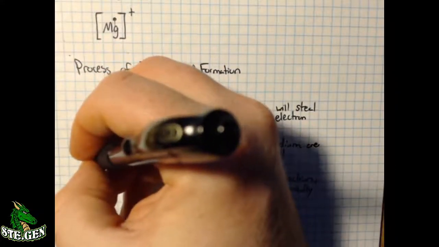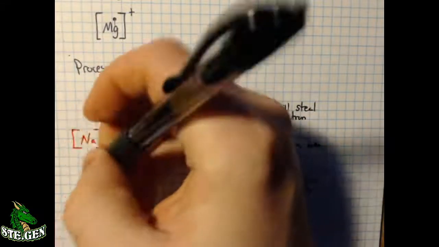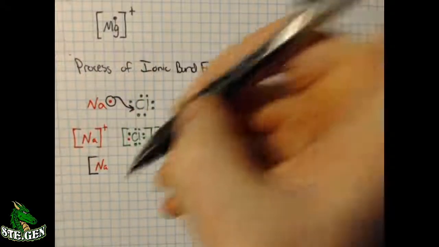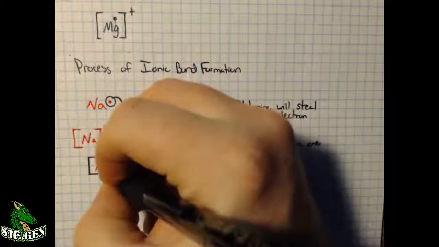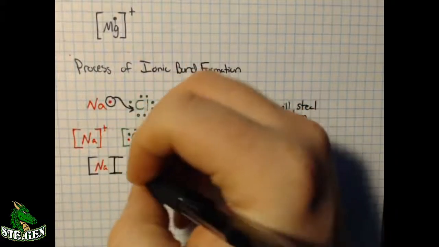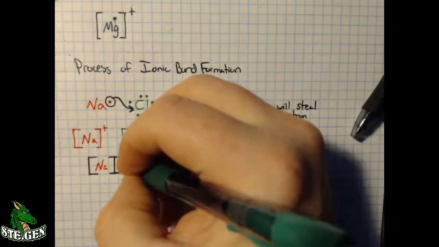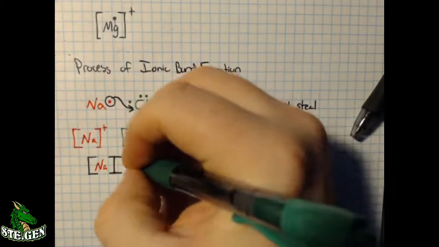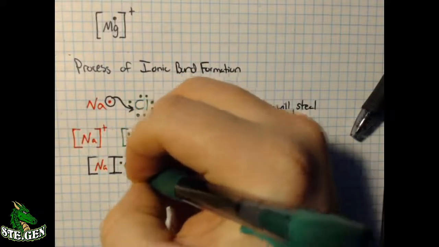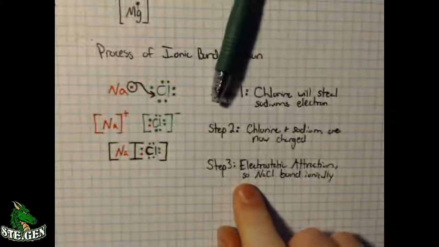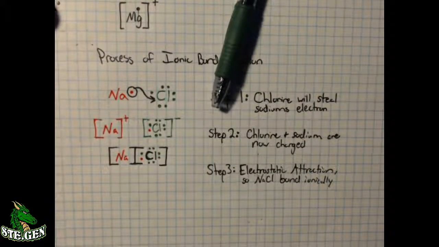We're going to do this. We're going to pretend that's green. And there you have it. They have ionically bonded to one another.